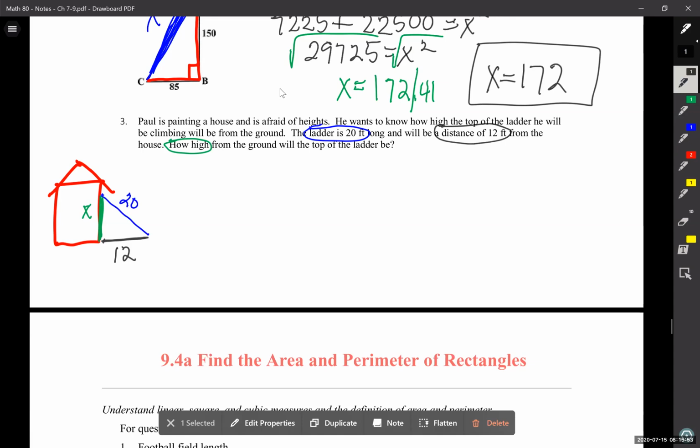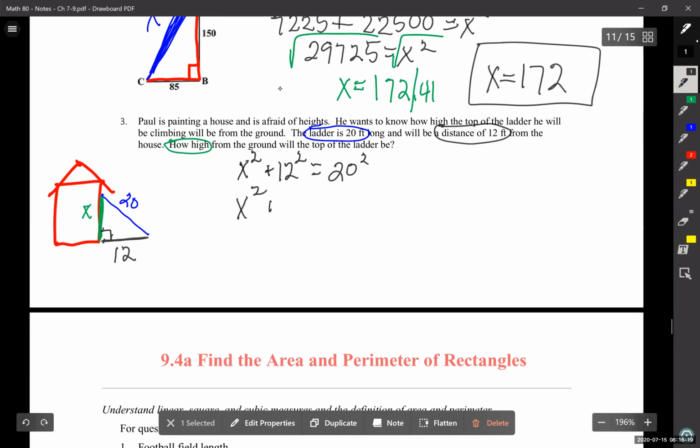And so the ladder is the hypotenuse, because the house is going to make a right angle, and the ladder is going to be leaning against the house. So that will be my hypotenuse. So I'm going to add up the squares of the legs, x squared plus 12 squared, and it's going to equal the hypotenuse squared, so 20 squared. So now I need to simplify all those exponents, 144 and 400. Then I'm going to subtract 144 from 400.